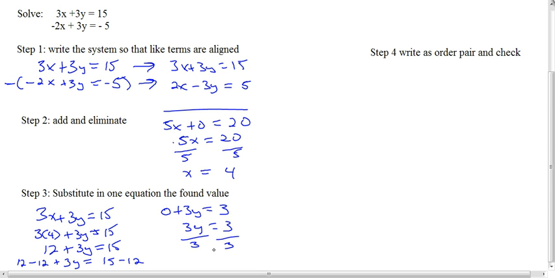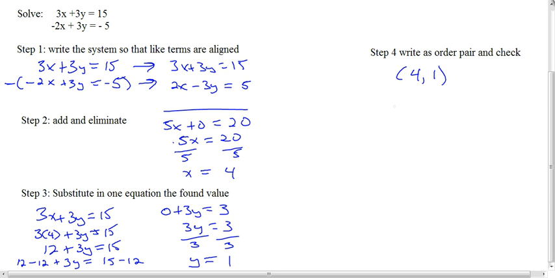Divide both sides by 3, and y is equal to 1. So our ordered pair, x and y, is (4, 1). Now all we have to do is check.